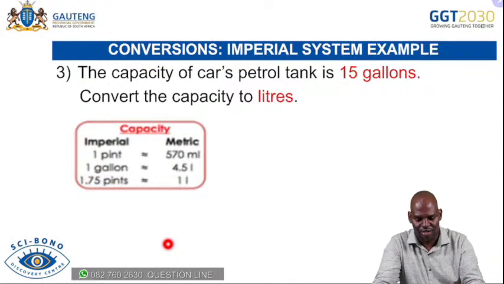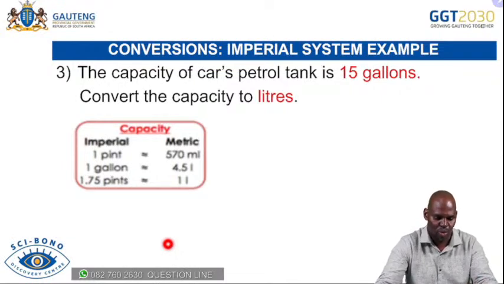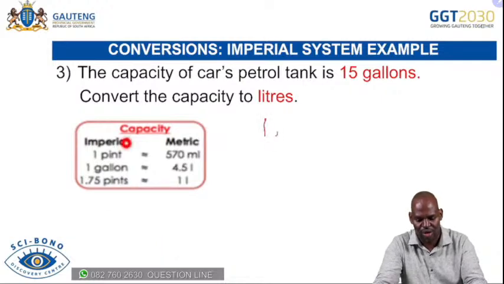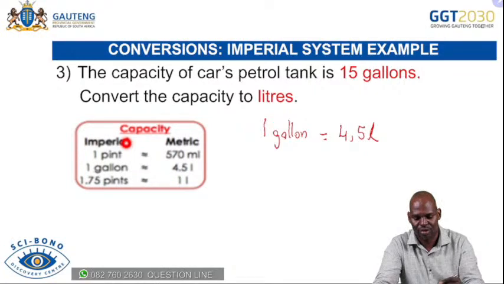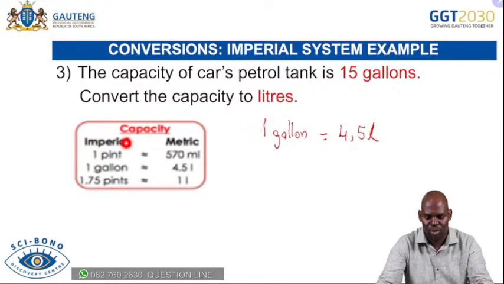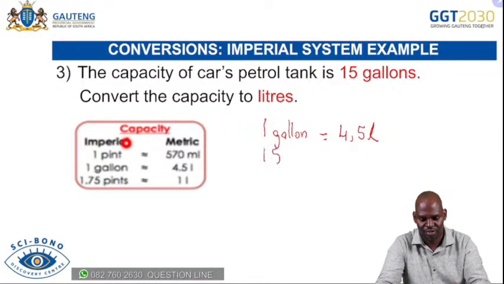We've got 15 gallons. Then if we look at the conversion factors that are given here, gallon and liters, we've got one gallon equals 4.5 liters. But we don't have one, we've got 15. So we want to know how many liters this is.